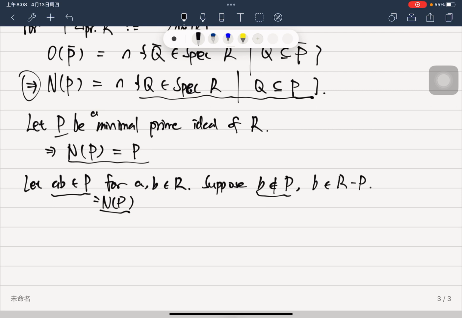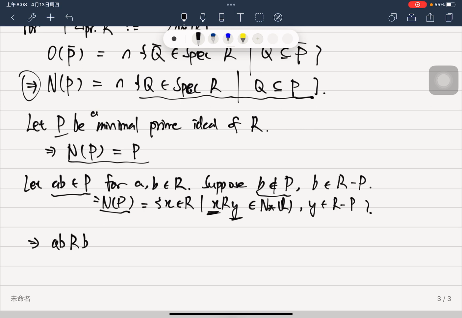And MP is the element of X such that X R Y is contained in the lower star R, where Y is in the complement of P. So AB can be considered as this X, and Y can be considered as this B. So AB R B is a subset of the lower star R.